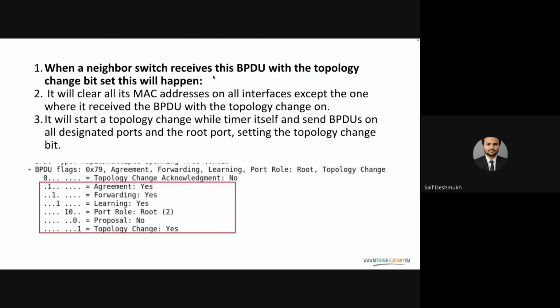So when a neighbor switch receives this BPDU with the topology change bit set, it is going to clear all its MAC addresses on all interfaces except the one where it received the BPDU with the topology change on. It's just to make sure that we relearn everything. We don't know what the stale entry is now.